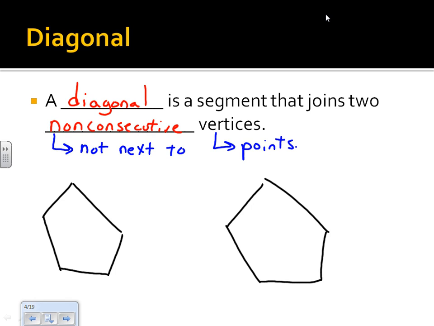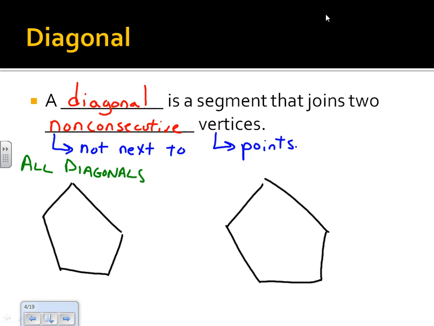So for the first one, I'm going to draw all the possible diagonals. So we need to draw the line segments that are going to connect two non-consecutive points, right? So not next to each other.